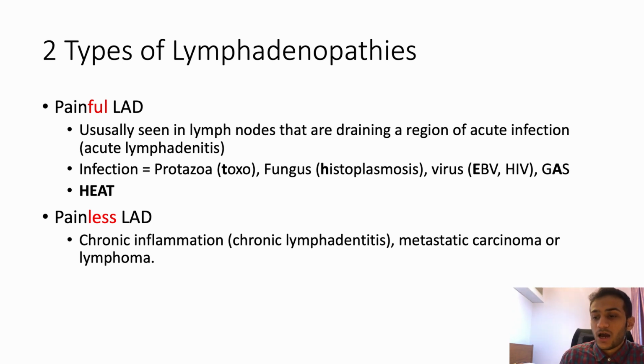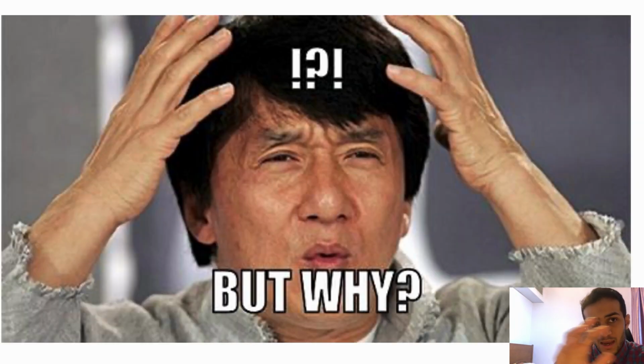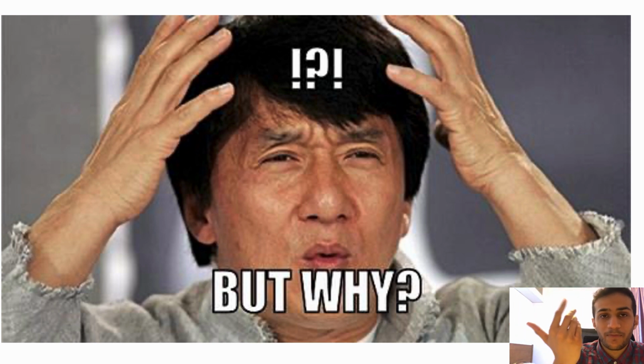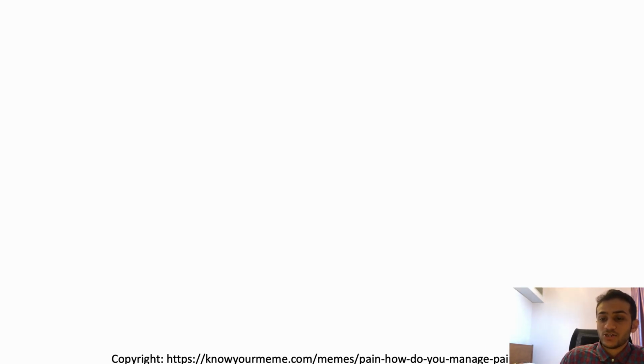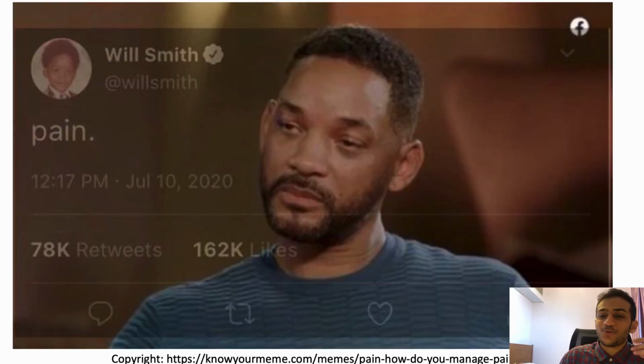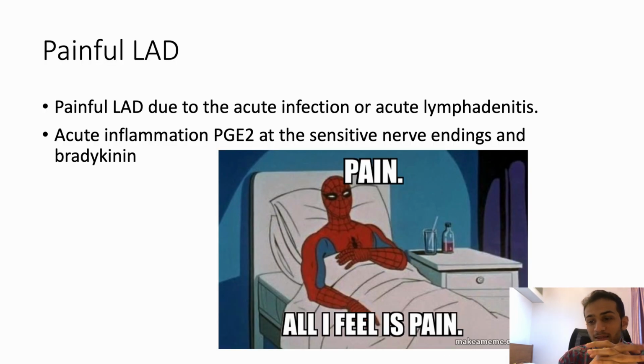So guys, why do we have pain in infections but no pain in, for example, tumors or chronic infection? Well, that's because of inflammation. When you have inflammation, why do we have pain? Painful lymphadenopathies are usually due to acute infections, for example acute lymphadenitis. In acute inflammation, we have prostaglandin E2.